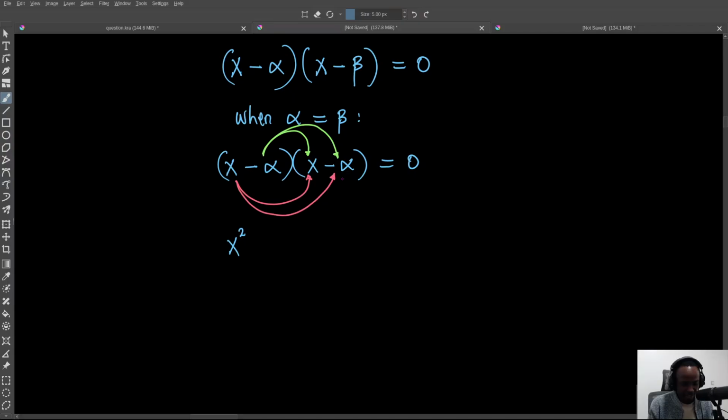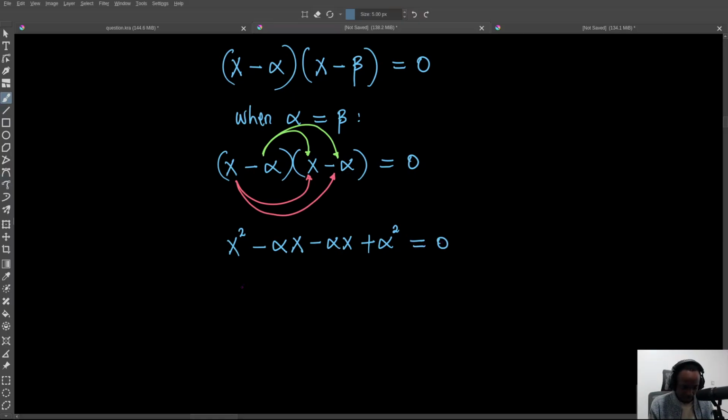Then x by negative alpha gives us negative alpha x. Then negative alpha by x gives us negative alpha x. And finally, negative alpha by negative alpha gives us positive alpha squared. And we're equating all this to 0.